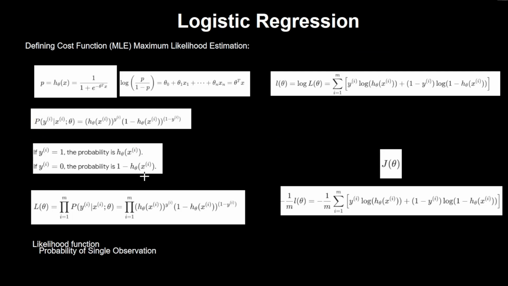So now that we know the probability for a single observation, let's move on to the likelihood function. What is a likelihood function? This is the function represented by L of theta. What it basically does is measure how well our model parameters theta explain the entire data set.